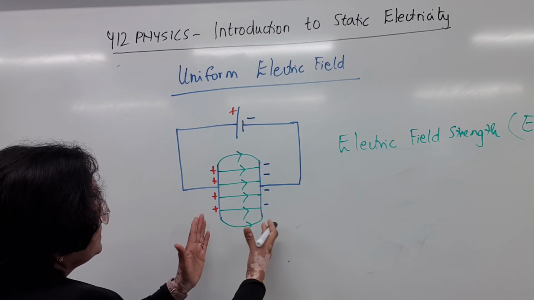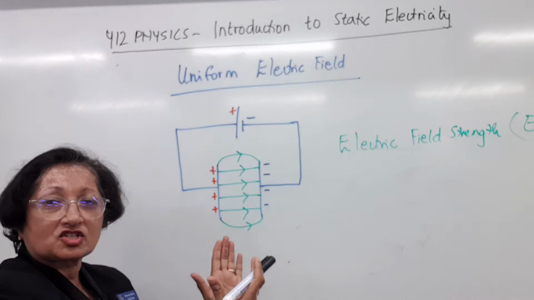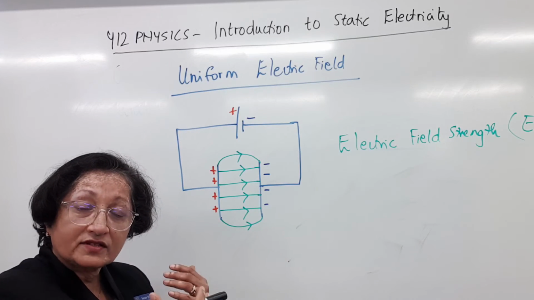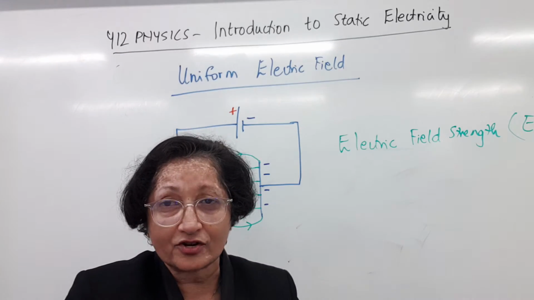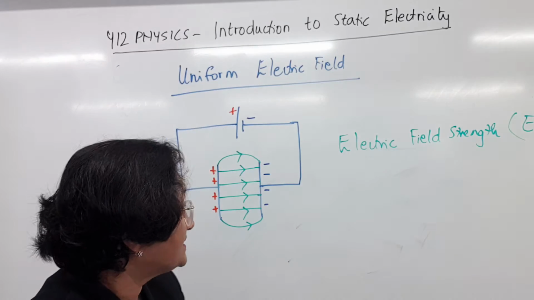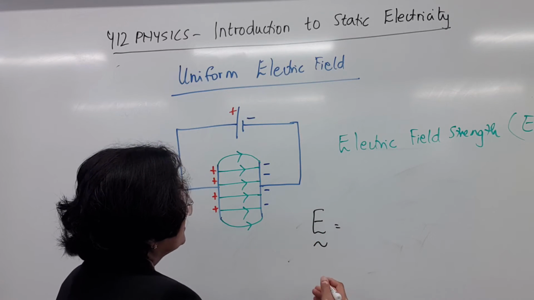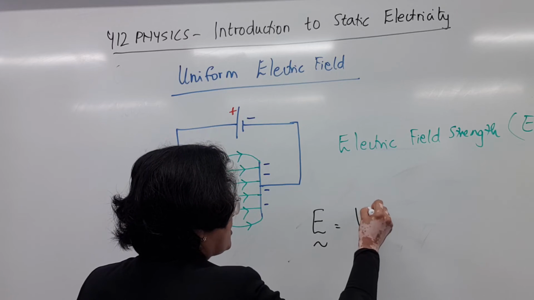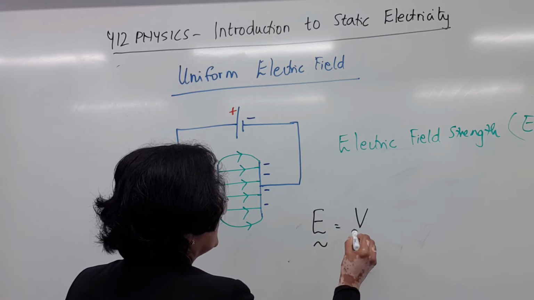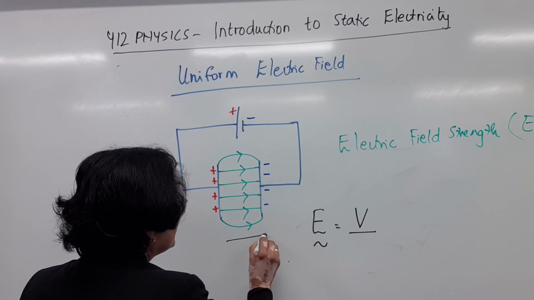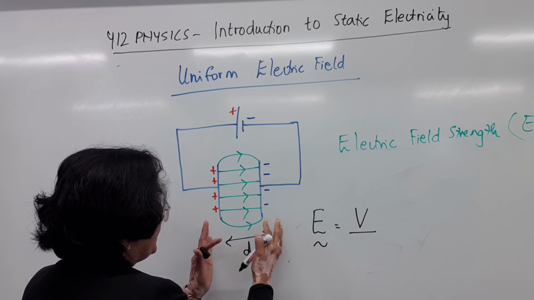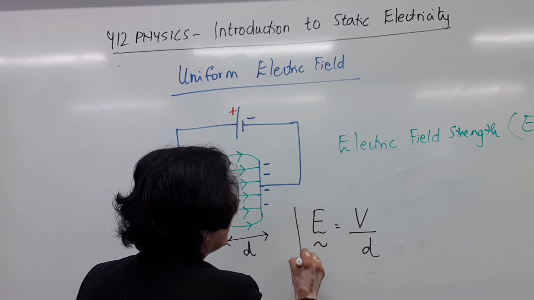Whenever there are two plates opposite each other with opposite charges, there is what we call a potential difference between the two plates. And this electric field strength, it's a vector because it's got direction, depends on the voltage or the potential difference between the plates and the distance between the plates. How far apart are the plates?